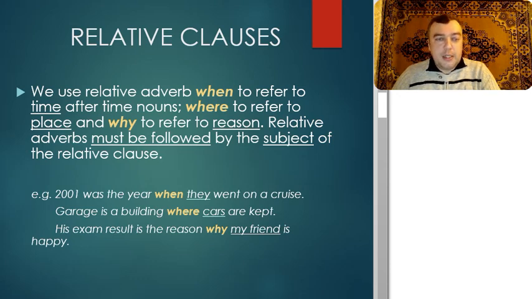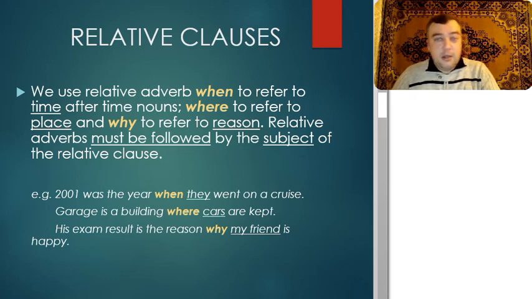His exam result is the reason why my friend is happy. So we have the word reason, and it works as a collocation in English. So if you want to begin your relative clause with the relative pronoun why, it's very, very common that the noun that this relative clause will identify is going to be the word reason.